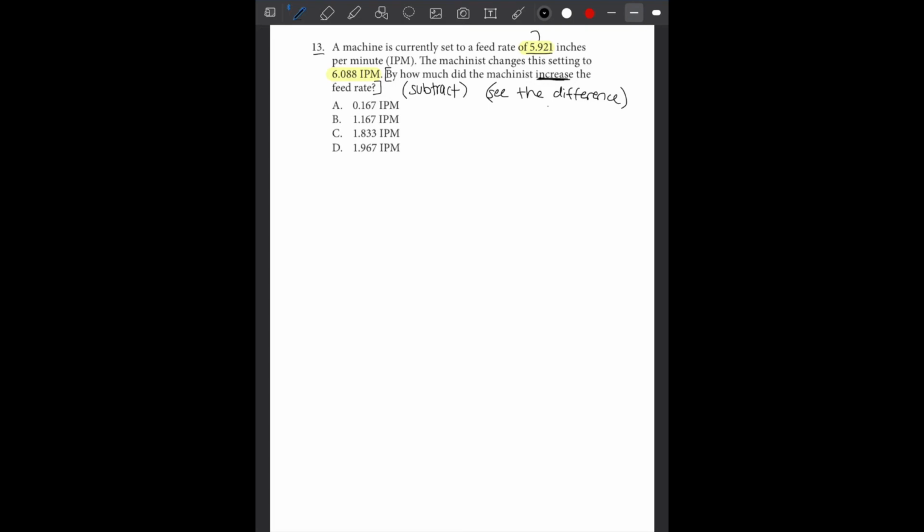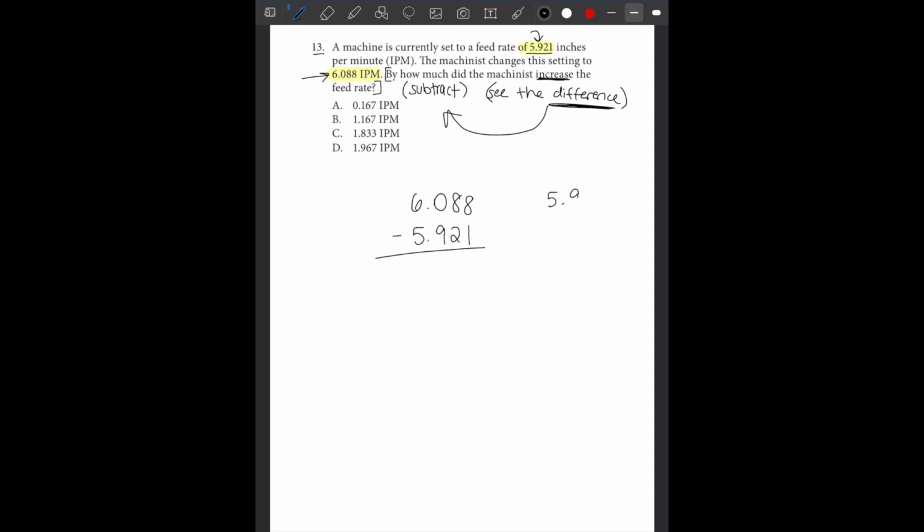So initially it was this and it increased to this. So we want to see what was that change, by how much did it increase. So we have to find the difference. And difference means subtract. That's a key word. Difference means subtract. So we're going to subtract the problem like this.